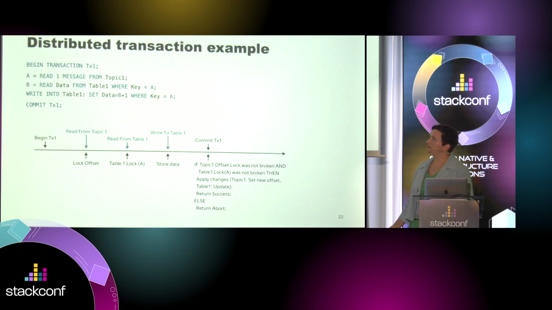And on commit, YDB should check if locks were broken or not. So if the topic 1 offset lock was not broken and the table 1 row lock wasn't broken, then we can apply changes: set new offset for the topic, update the table, and return success. So this transaction would be committed. In the other case, the transaction would be aborted, and that's it.